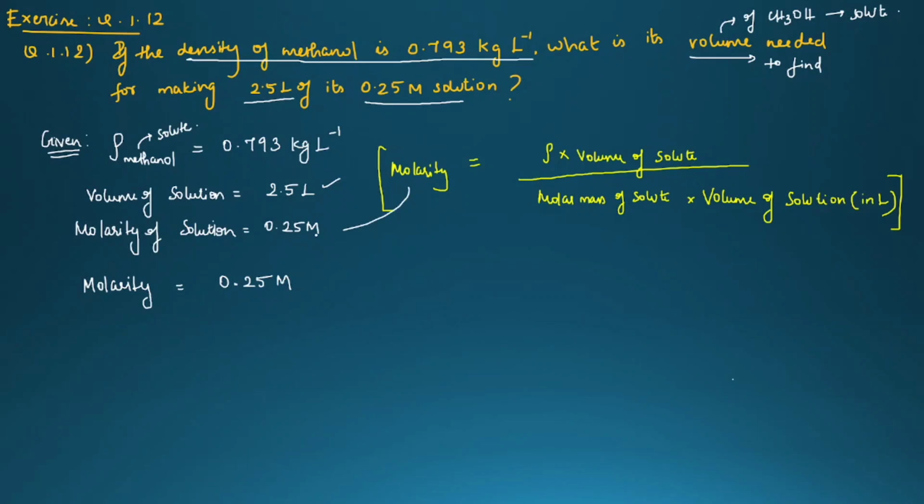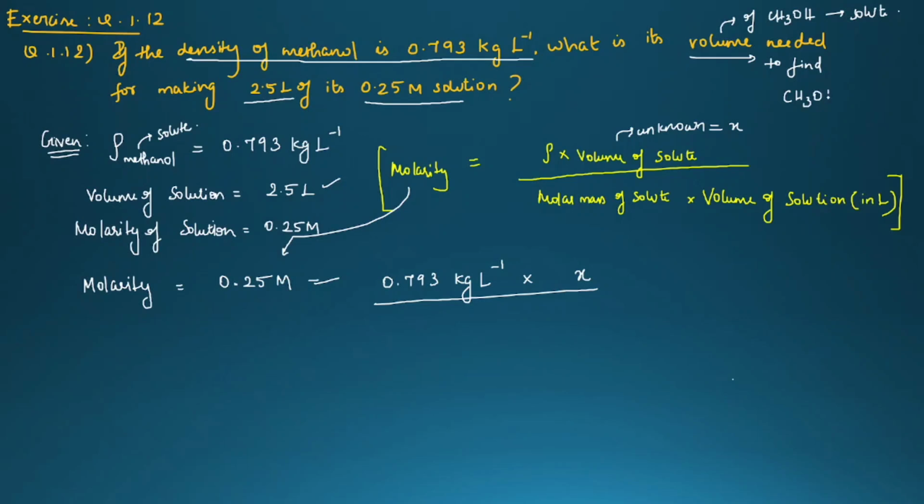Molarity is given in the question as 0.25 molar, which is equal to rho, that is density, which is 0.793 kilogram per liter. Since the volume of solute is unknown, let's write it as X, divided by the molar mass of methanol.